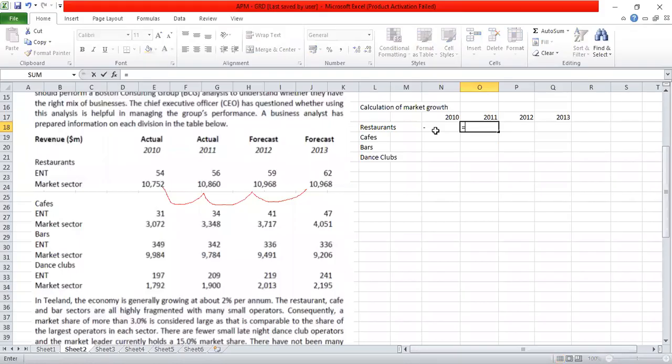What is the change? The change is 10,860 minus 10,752 divided by 10,752.